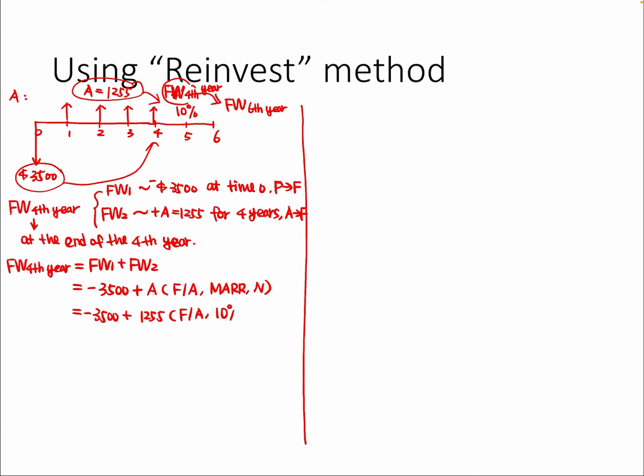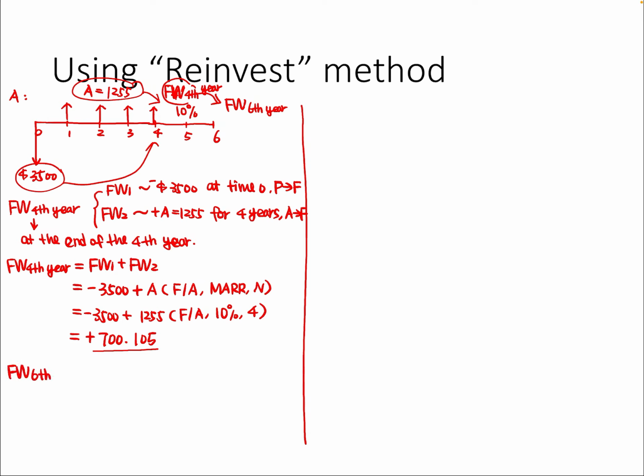The factor is F slash A, 10%, 4, right? And then this value is gonna be positive 700.105. And now we want to convert this value to the future time at the end of the 6th year.